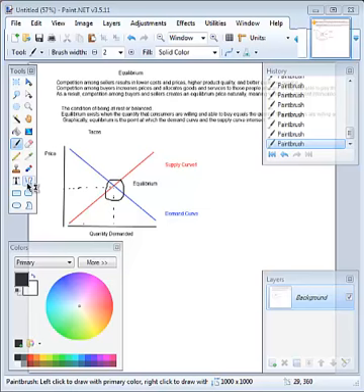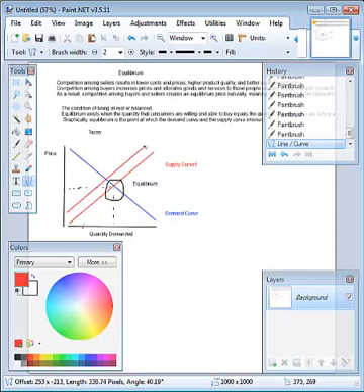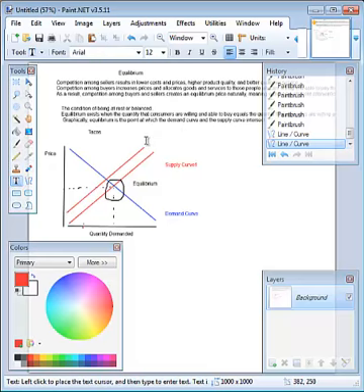So let's draw a new curve to show that. So again, we'll work in red here. The curve moves to the left. We'll call this supply curve 2. And because the supply has gotten less, our curve has shifted here.